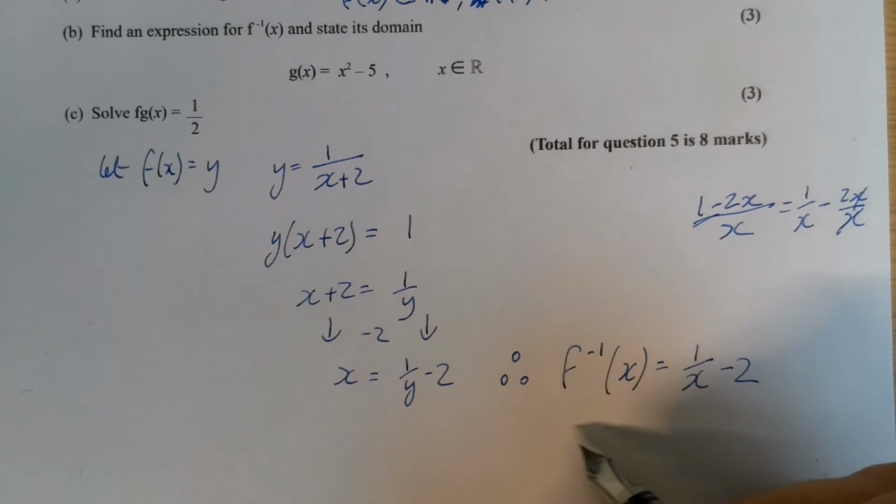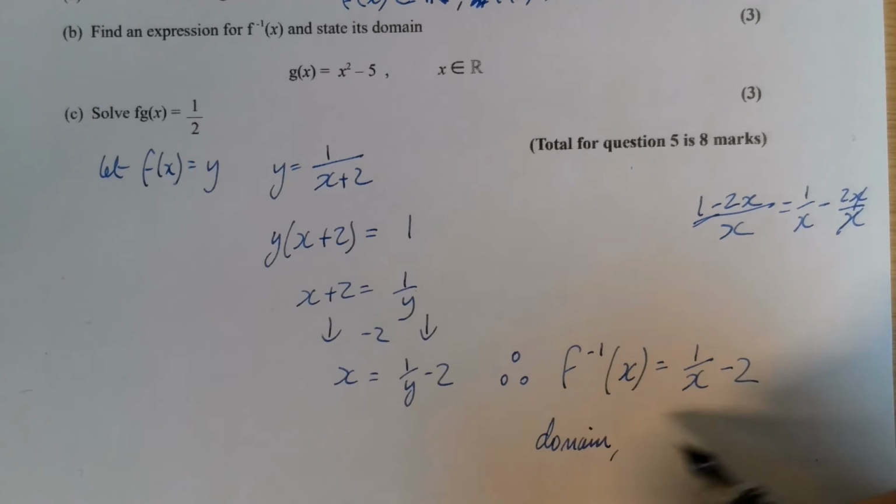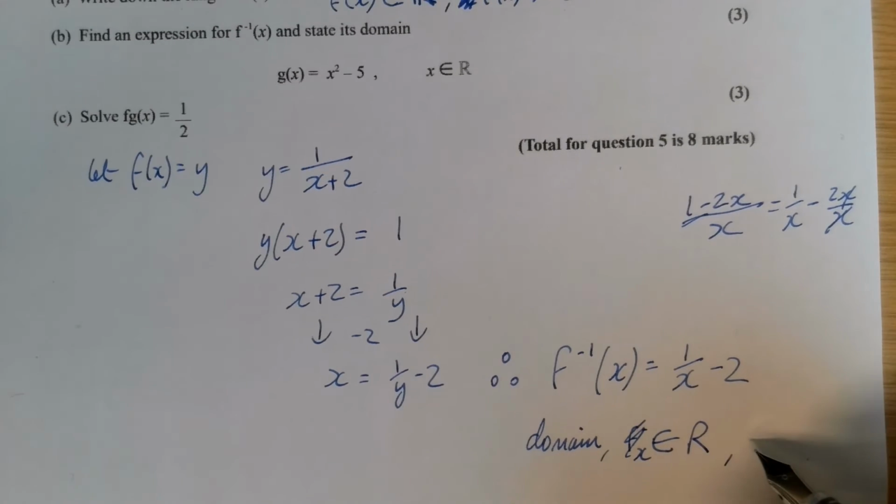So we can say the domain is going to be x could be all real numbers, but it cannot be 0.